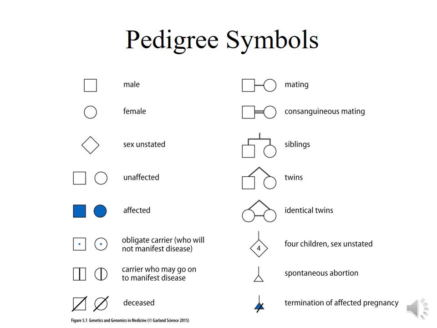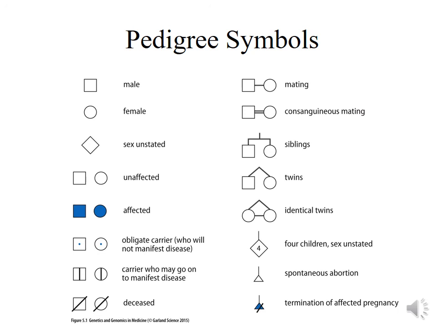An individual that has a dot in their symbol indicates that this is an obligate carrier who will not manifest the disease. And then with a vertical line, that indicates the carrier who may go on to manifest the disease, and a line across diagonally means deceased individual.